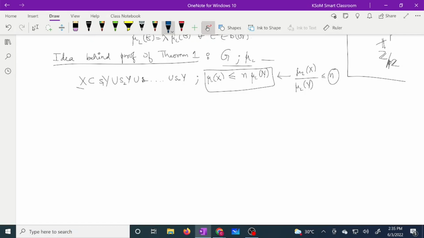The question that I want to ask is, what is the least number of translates of y we need to cover x?